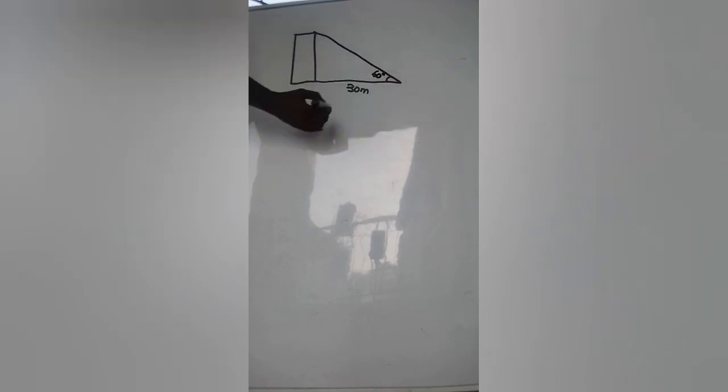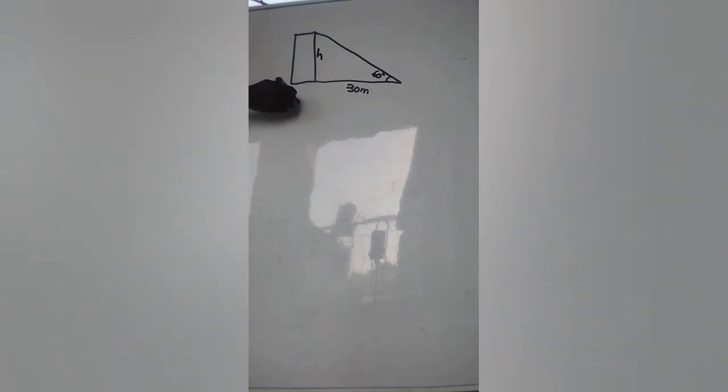Let's say that this is the water tank, and this boy is lying 30 meters away here, meaning that from here to here is 30 meters. Also, the angle of elevation from where the boy is to the top of the tank is 60 degrees. We are now looking for this height.